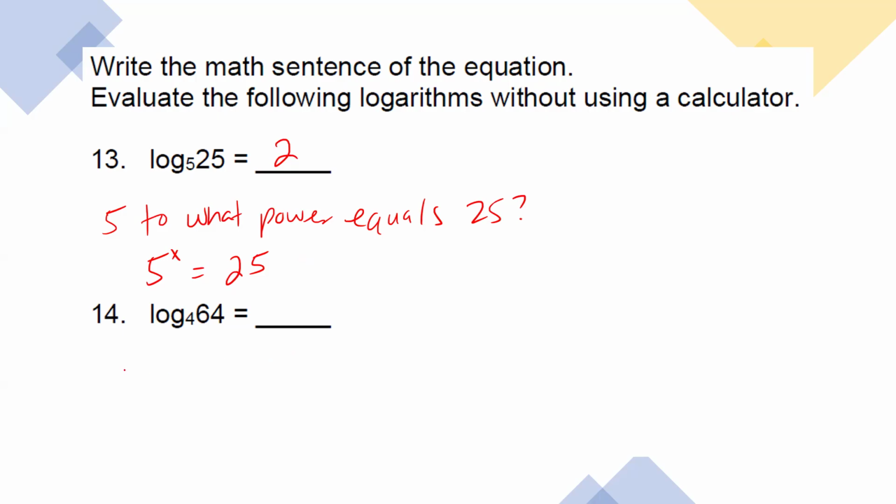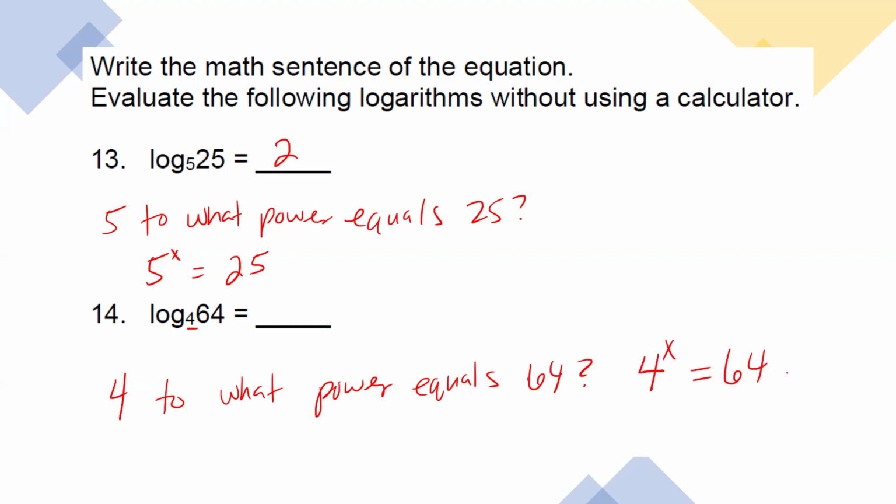Okay, let's try it again. Again, look at the base. 4 to what power equals 64? So you're asking yourself 4 to the x equals 64, and that would be what? 3. Perfect.